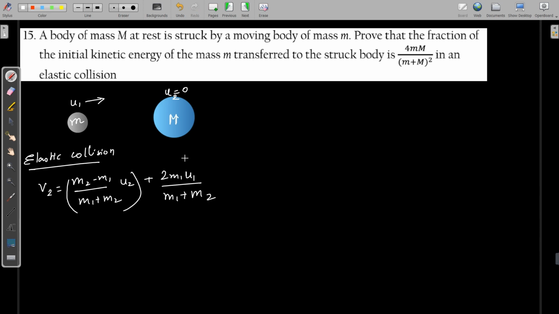Why am I trying to find V2? Because I am trying to find the final kinetic energy gained by body 2, that is the capital M mass. So V2 will become, this first part will become 0 since U2 is 0. So 0 plus 2, this is small m, this is U1, by small m plus capital M. So this is V2.